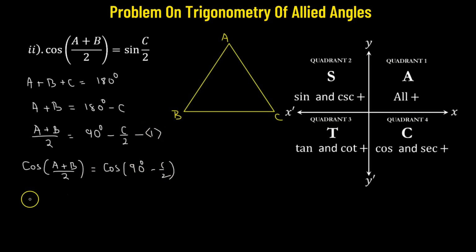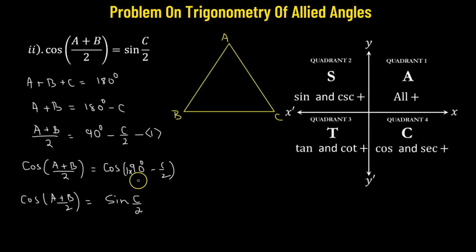Now cosine of (A plus B) over 2 will be equal to, here we have 90 degrees minus C over 2, so it can also be represented as 1 times 90 degrees, and here we have an odd multiple of 90 degrees because 1 is an odd number. Since we have an odd multiple of 90 degrees, cosine is going to transform to sine, and the new angle will be C over 2.